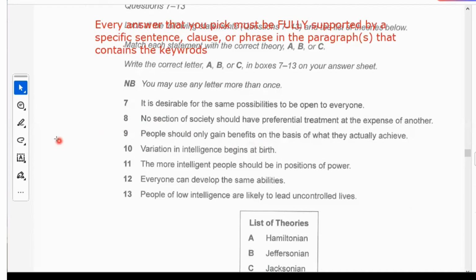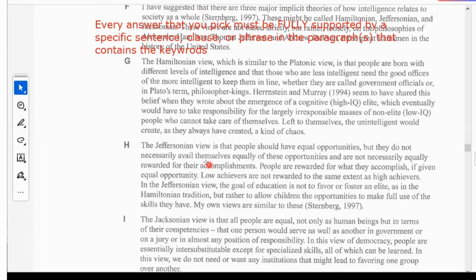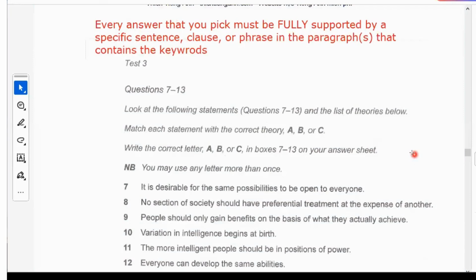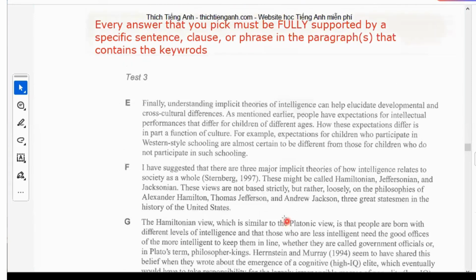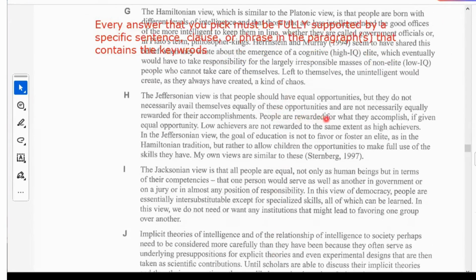Let's go back to our passage. Jeffersonian view: people are rewarded for what they accomplish if given equal opportunities. Yes, this one sounds like, where is it now? People should only gain benefits on the basis of what they actually achieve. Number 9 sounds like this statement that I read now: people are rewarded for what they accomplish.